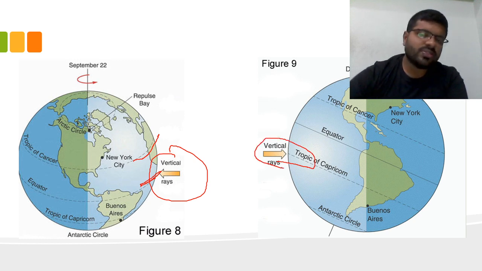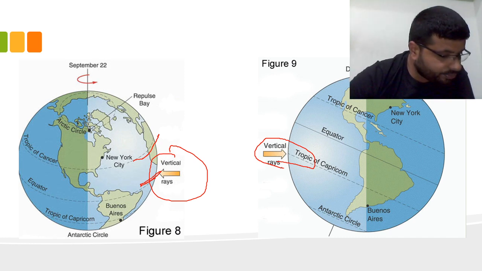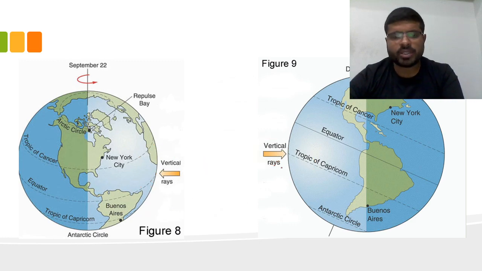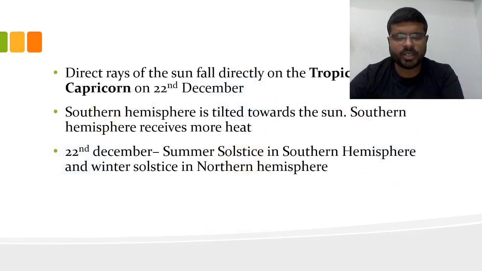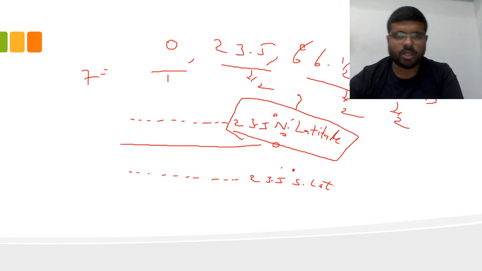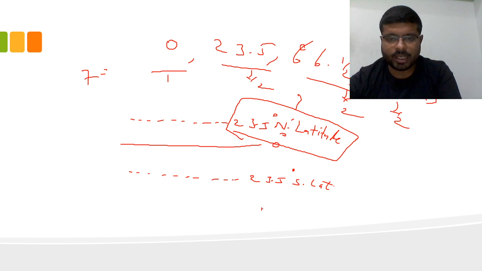Because of these variations, vertical rays cannot cross these lines; these are the end points. These latitudes of 23.5 north and south, that is the Tropic of Cancer and the Tropic of Capricorn, have become important latitudes.